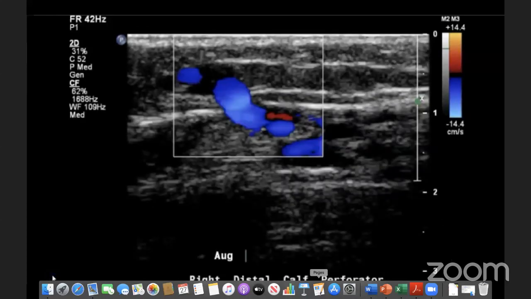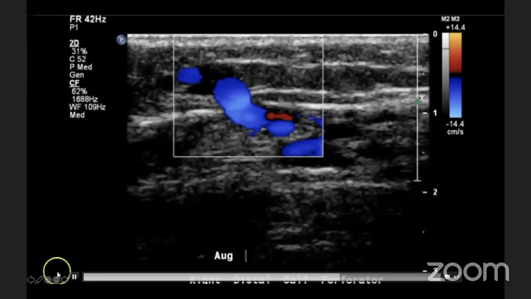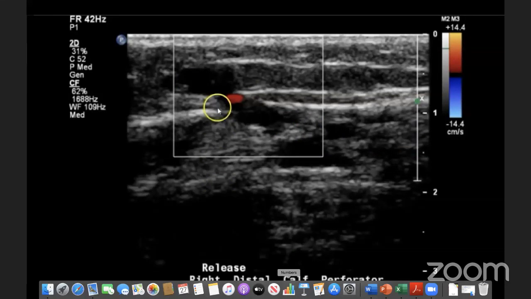Our third point is to mention any perforators that are identified. As you can see here, there's an augmentation with flow going in the correct direction away from the probe. However, upon release, you see the color red moving back toward the superficial tissue, which would be considered reflux.